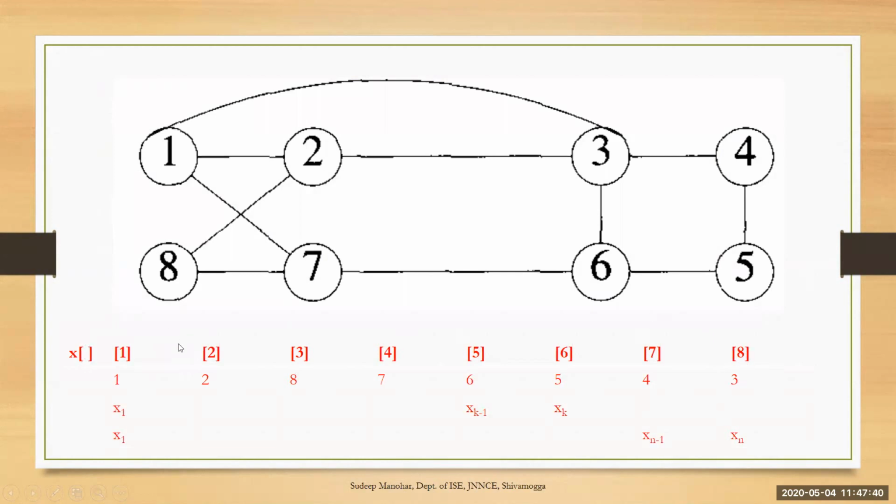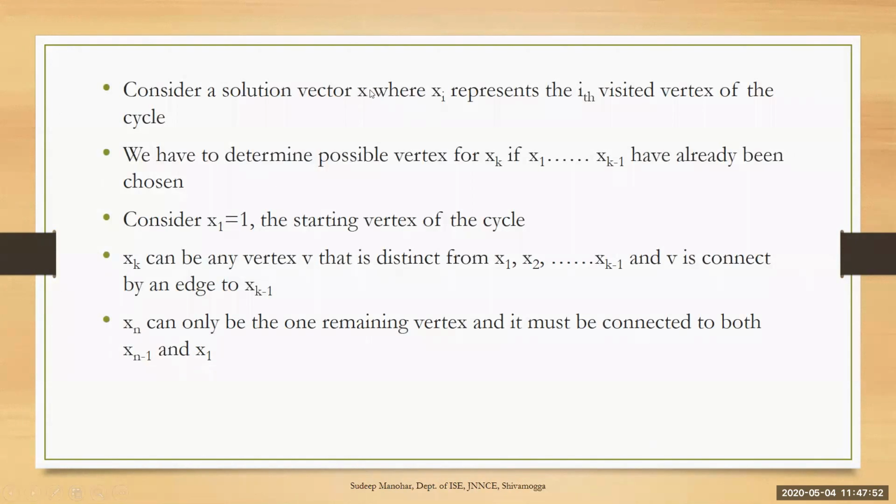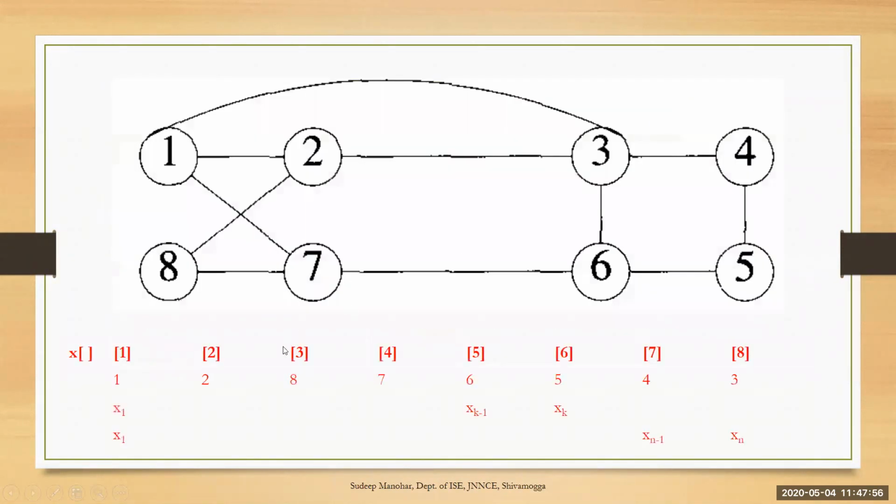Each value xi takes values from 1 to 8. So what does each value tell? xi represents the ith visited vertex. That means if i is 3, then it is the third vertex to be visited, starting from the first vertex.